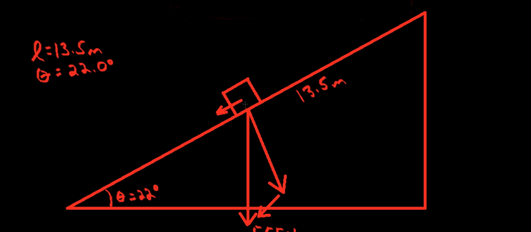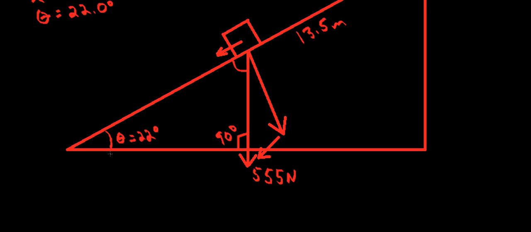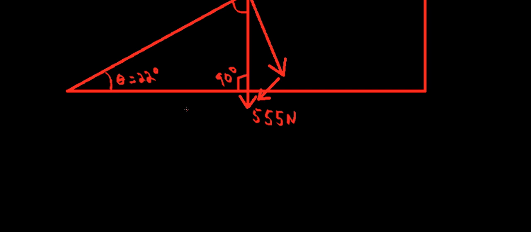Now we know that the vector heading from the block straight into the Earth's surface will be perpendicular to the Earth's surface, or we could say perpendicular to the bottom of the ramp here. So that means that this angle here is a 90-degree angle. I'll go ahead and write it, 90 degrees. Now we just need to solve for this angle here, and by properties of triangles, we know that all the interior angles of a triangle will add up to 180 degrees.